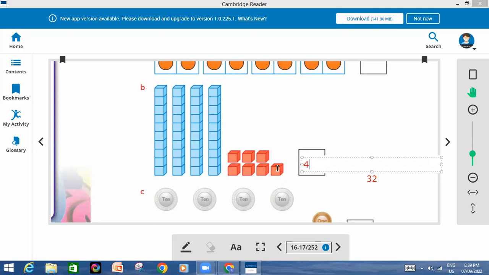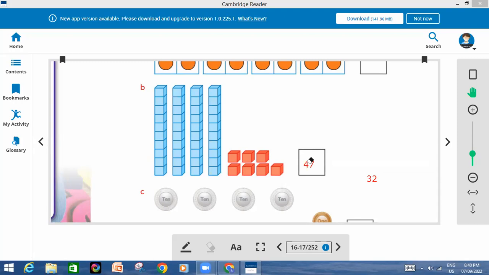Let's count these. If they are tens, we are going to put them in tens. If they are less than tens, we are going to write them in ones. 1, 2, 3, 4, 5, 6, 7. So these are 7, and 7 is less than 10, so we are going to put them in ones. 47 is the answer. Okay.